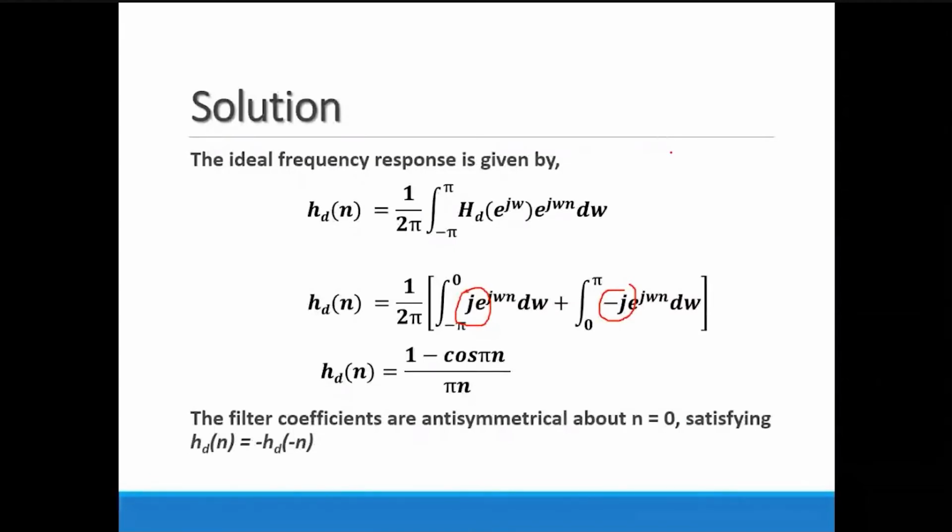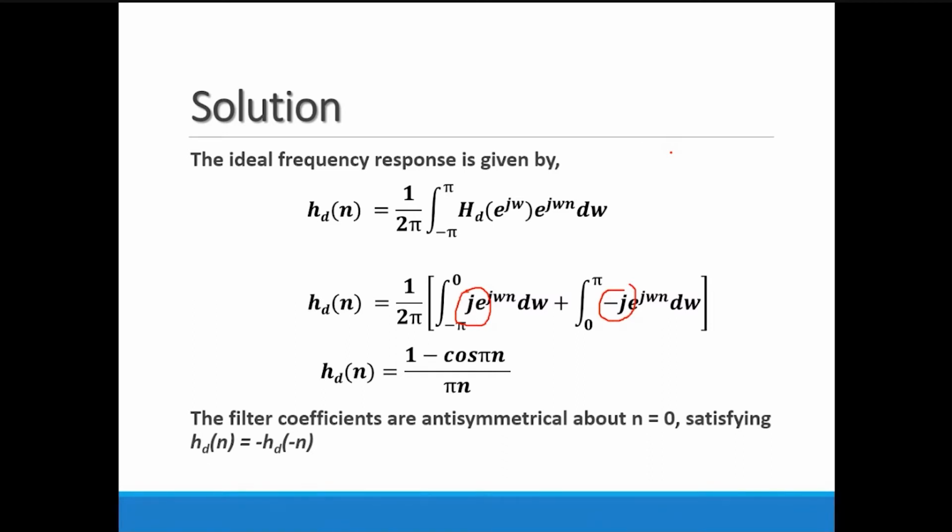So the filter coefficients are antisymmetrical about n is equal to 0 and satisfying the condition, that is hD[n] is equal to minus hD[minus n]. As we discussed in the theory, same line we are repeating over here. These Hilbert transform coefficients are following the antisymmetry condition, that is hD[n] is equal to minus hD[minus n], and antisymmetrical about the origin or n is equal to 0.